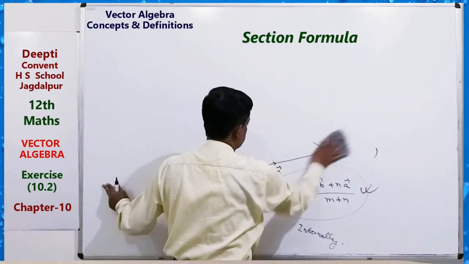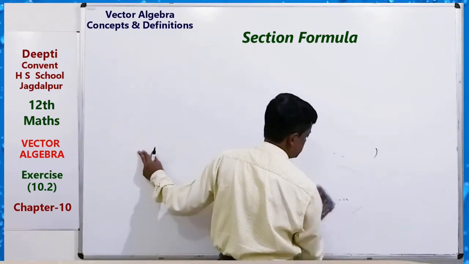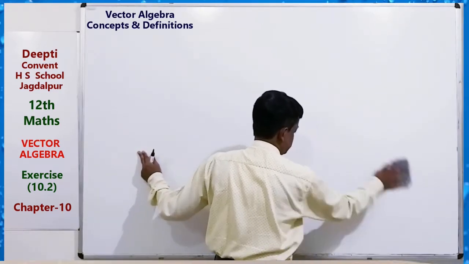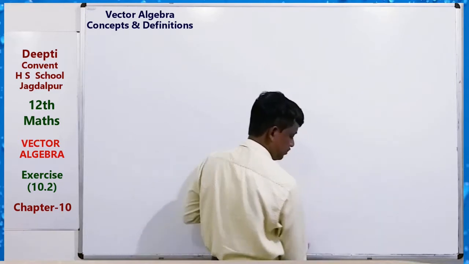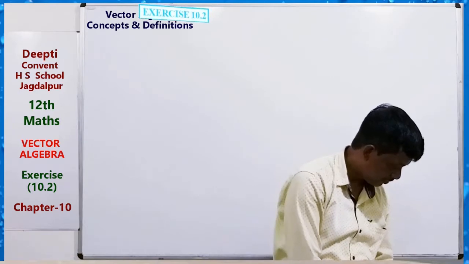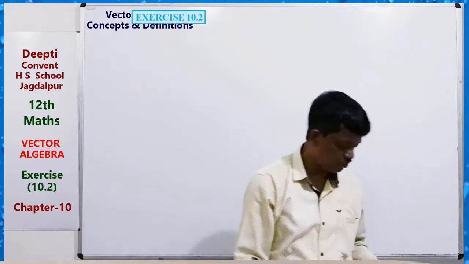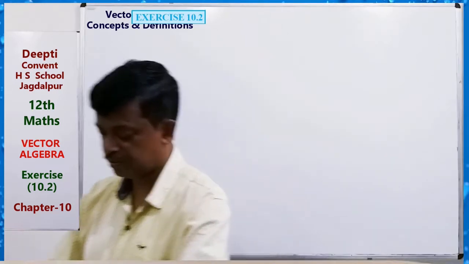So the first question: compute the magnitude. How can you compute the magnitude of a vector?